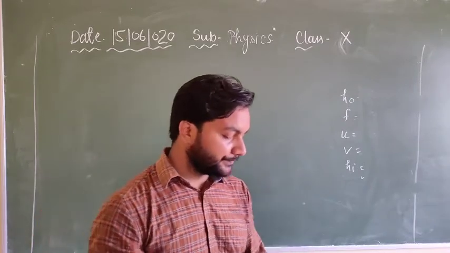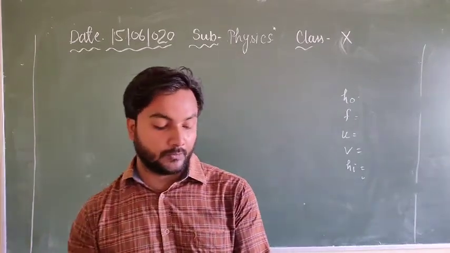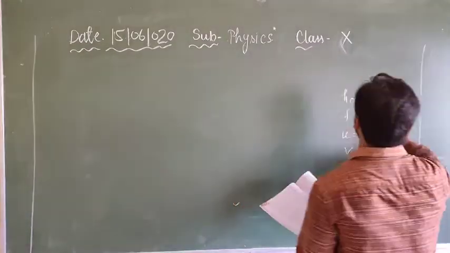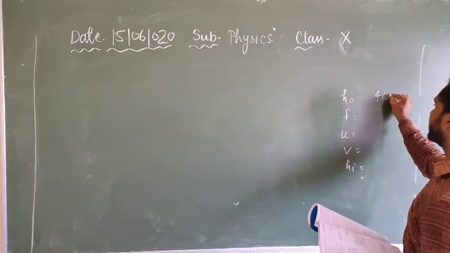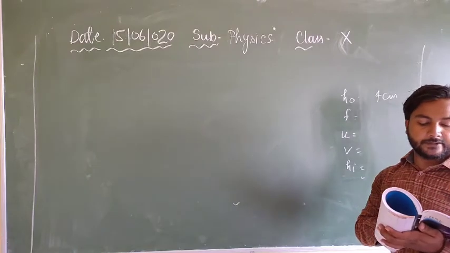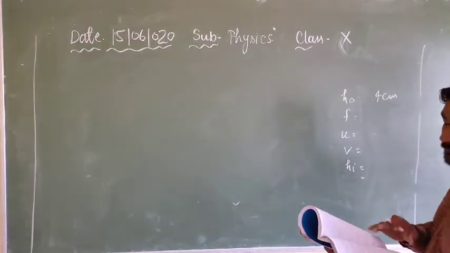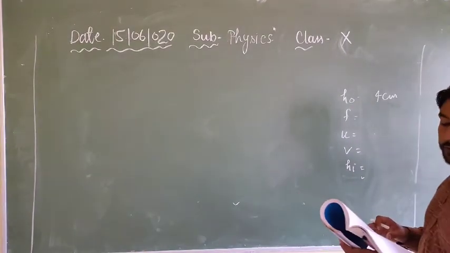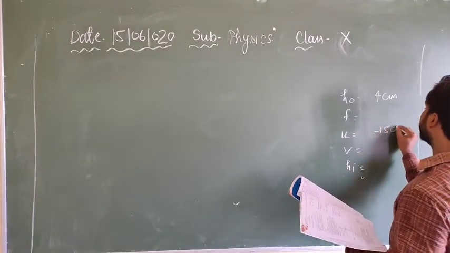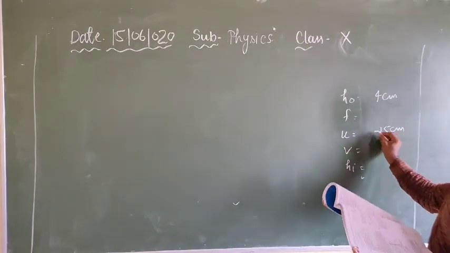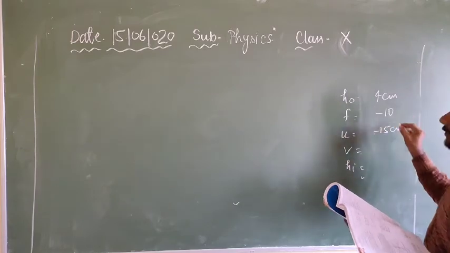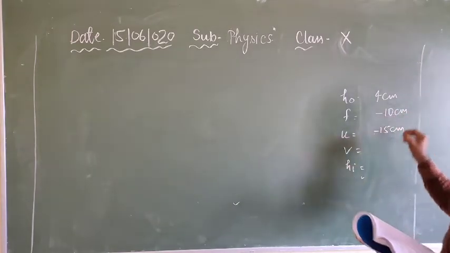The next question is: an object 4 centimeter in height is placed at 15 centimeter in front of a concave mirror of focal length 10 centimeter. 15 centimeter from the pole and focal length of 10 centimeter.